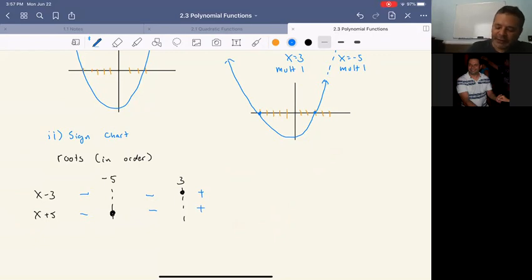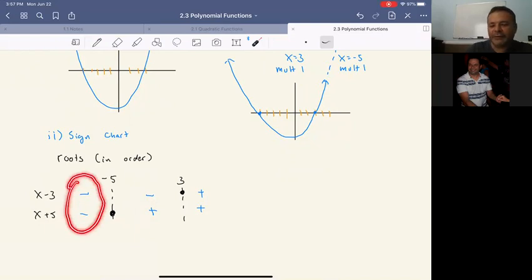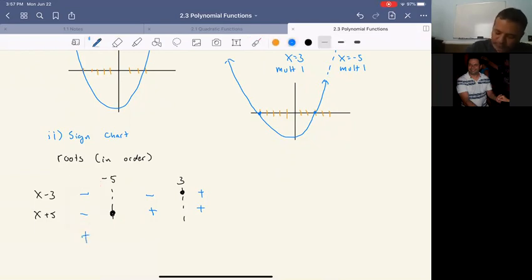Now, remember, when you multiply, I had that one should be a plus, not a minus. When you multiply two negative numbers together, that gives you a positive number. When you multiply a positive and a negative together, that gives you a negative number.